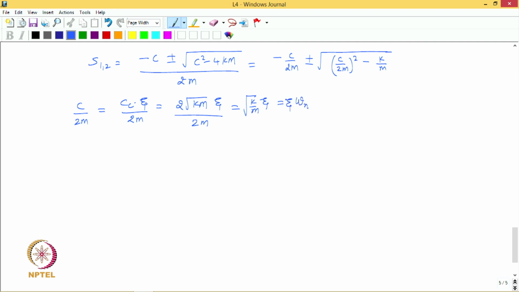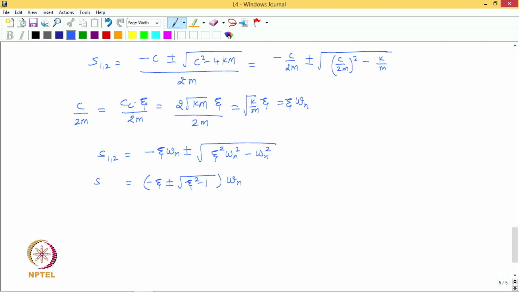So, C by 2m is nothing but zeta omega n, and k by m is nothing but omega n square, and hence we get S12 as minus zeta omega n plus minus under root of zeta square omega n square minus omega n square. Therefore, we can write this as minus zeta plus minus under root of zeta square minus 1 times omega n, right.